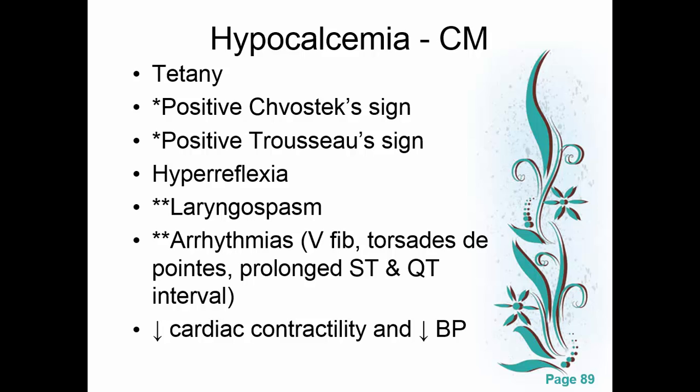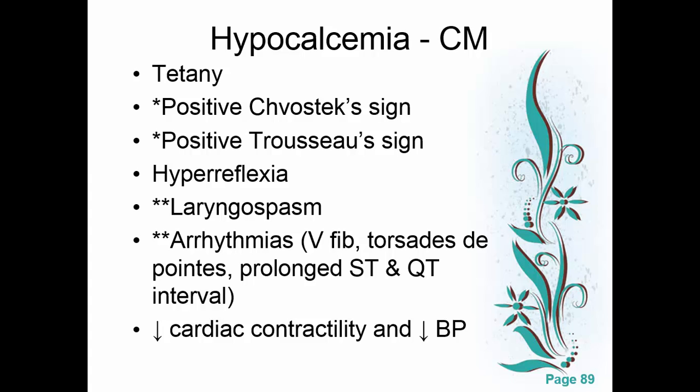Laryngospasms can cause laryngeal stridor. And so that is something that you need to address very quickly and let the physician know. Arrhythmias is another life-threatening problem. This could result from V-fib.